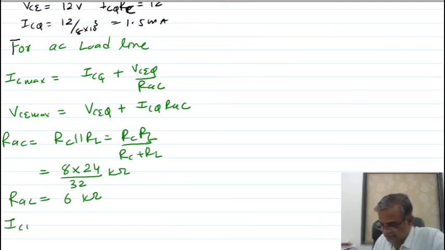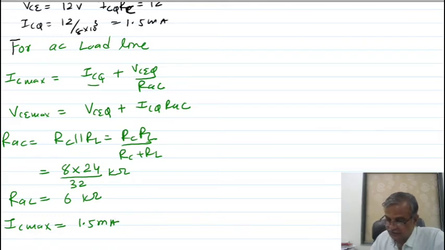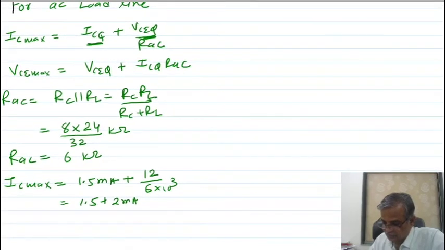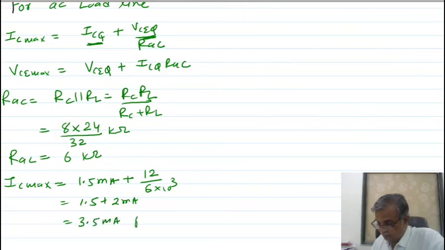So what is IC maximum for drawing the AC load line? ICQ is 1.5 milliampere, plus this 12 volt upon this 6 kilo ohm. So 1.5 plus 2 milliampere, I will get 3.5 milliampere.